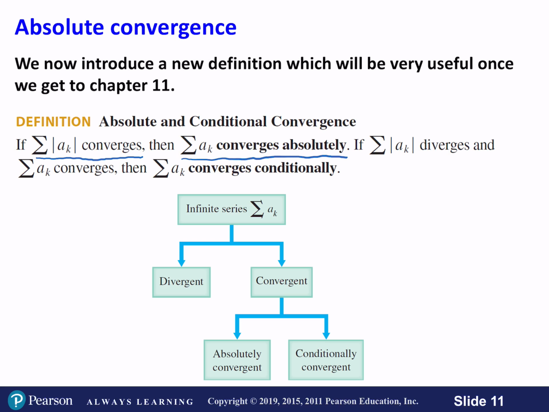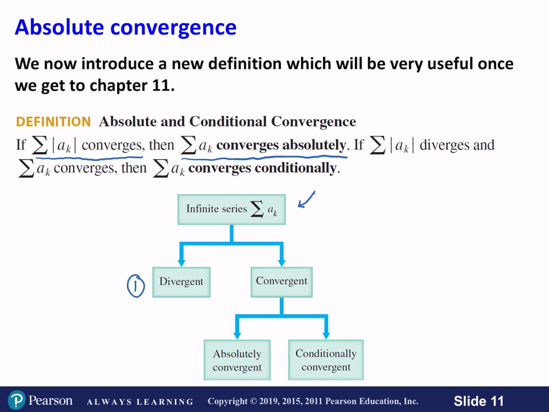And then the opposite direction: if the absolute value of a_k diverges and the sum of a_k converges, then the sum converges conditionally. All right, so I think that statement is somewhat confusing. So I encourage you to look at this chart to think about what we're talking about here. There are 3 possibilities that we land in. Possibility 1, the series is divergent, right? So we start with the series, they ask us anything about this series, and it's just divergent. That's the first category.